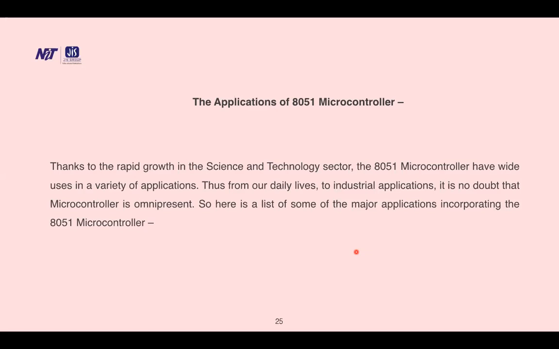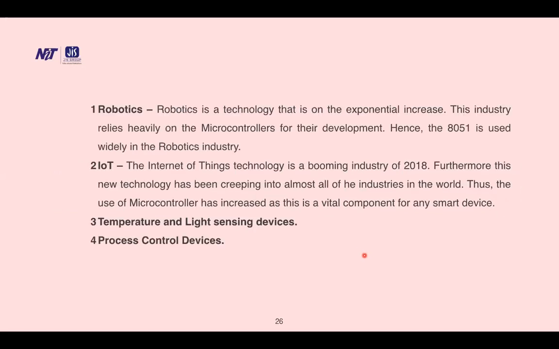So, here is a list of some of the major applications incorporating the 8051 microcontroller. Number 1, robotics. Robotics is a technology that is increasing exponentially. This industry relies heavily on the microcontroller for its development. Hence, the 8051 is used widely in the robotics industry.